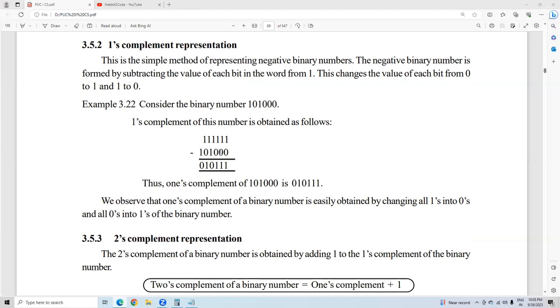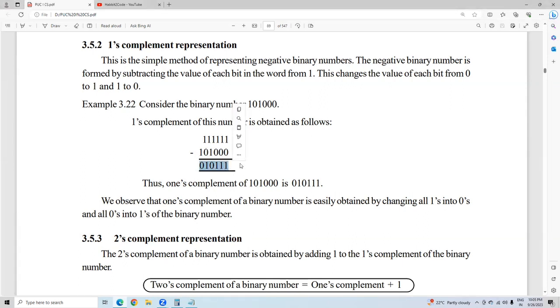For every bit, you subtract from 1. 1 minus 0 is 1, 1 minus 0 is 1, 1 minus 1 is 0, 1 minus 0 is 1, then 1 minus 1 is 0.